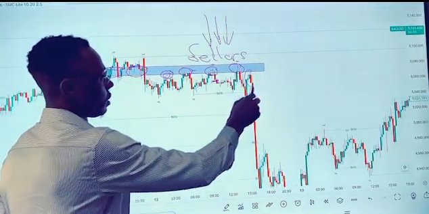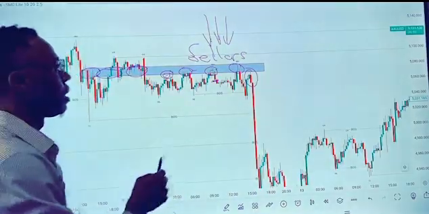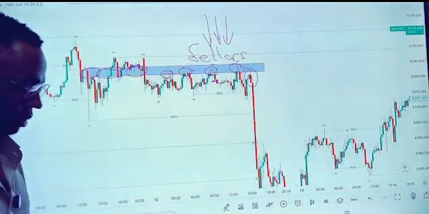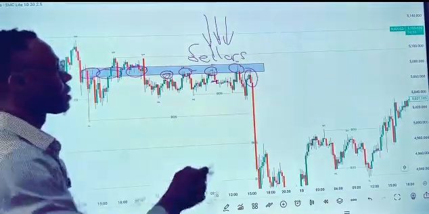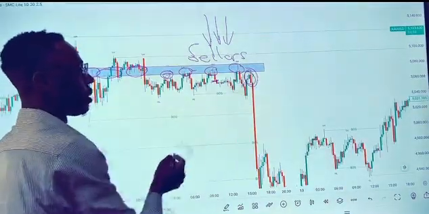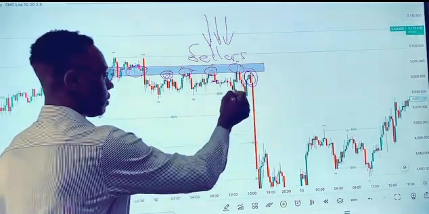Check this one. What do you see? You see a bearish engulfing at the last point, and this bearish engulfing brought this push to the downside.